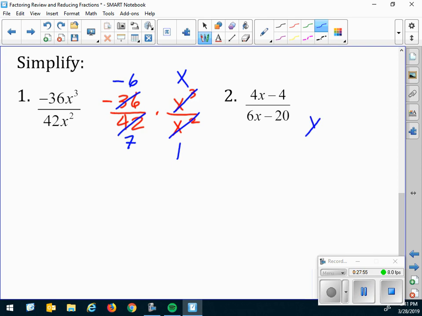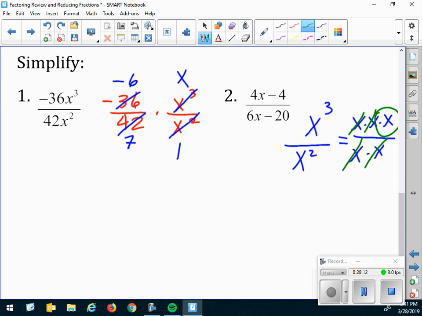Let's remember, do you remember why that rule Durrell said works? This is how many x's multiplied together, and this is how many x's multiplied together. So there's one left in the top, in the numerator. So what's the answer to this thing? Negative 6x over 7. There you go. That's it.